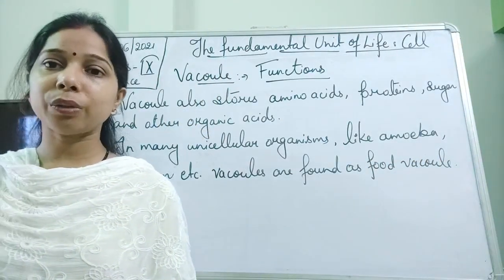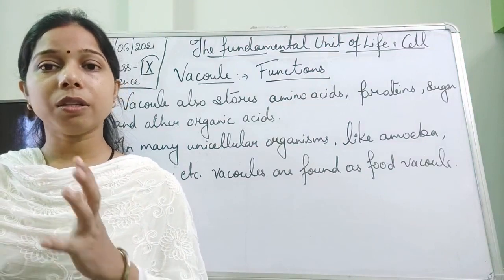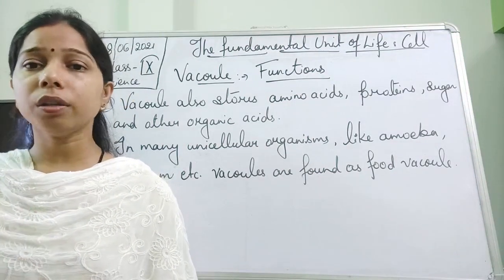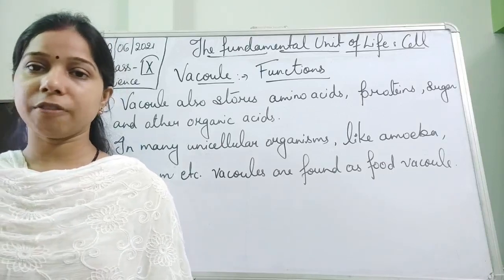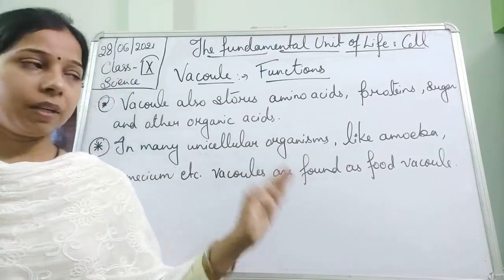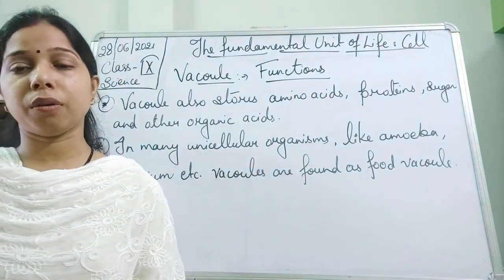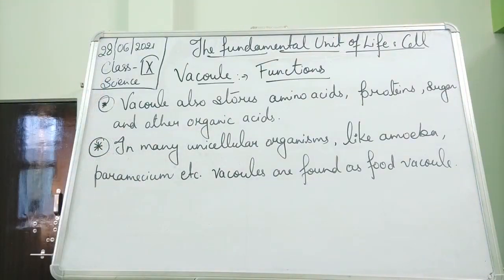You have heard about the engulfing of food material by amoeba, and this is stored in a vacuole called a food vacuole, where all the process of digestion takes place, and finally during assimilation the vacuoles disappear. There are a lot of organisms which consist of a vacuole, especially the food vacuole.